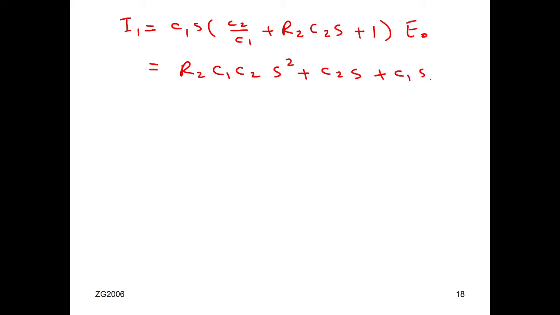Yeah, I hope so. Okay, C1 C2 S, all right, times multiply E out.